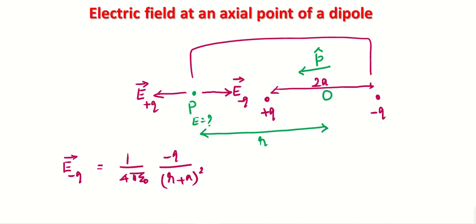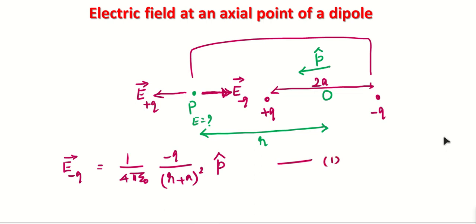And we are writing this expression in terms of a vector quantity, in terms of the dipole moment vector. We define the dipole moment vector going towards the negative x direction. So it makes sense: the electric field due to minus q charge is always opposite to the direction of the dipole moment vector. Let this be equation 1.